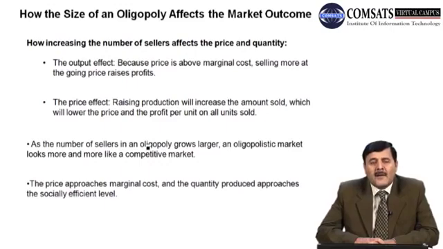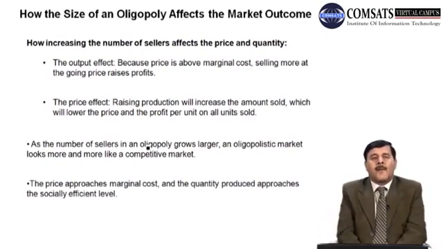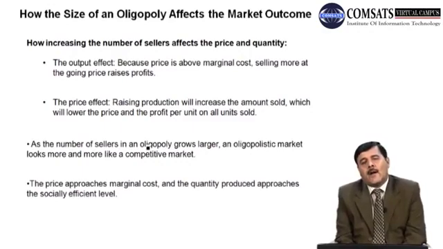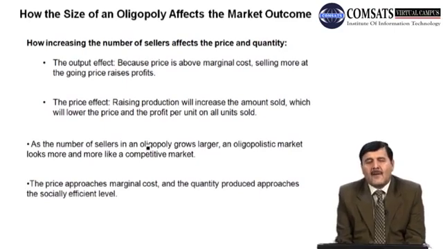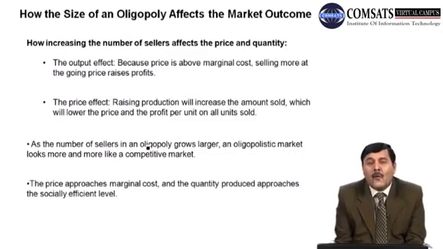Now when the price is above the marginal cost, selling more at the going price raises profit. तो जैसा कि हम जानते हैं कि in case of oligopoly, the price is greater than marginal cost, but of course that price is less than the monopoly price. तो जब marginal cost से price ज़्यादा होती है, तो जब नई firms industry में आती हैं, it means they supply more, they produce more, and the quantity produced and sold has increased. तो जब existing price पे जो selling price already market में चल रही है, जब उस पे आप ज़्यादा quantity बेचते हैं, तो of course this will raise the profit of the firms.